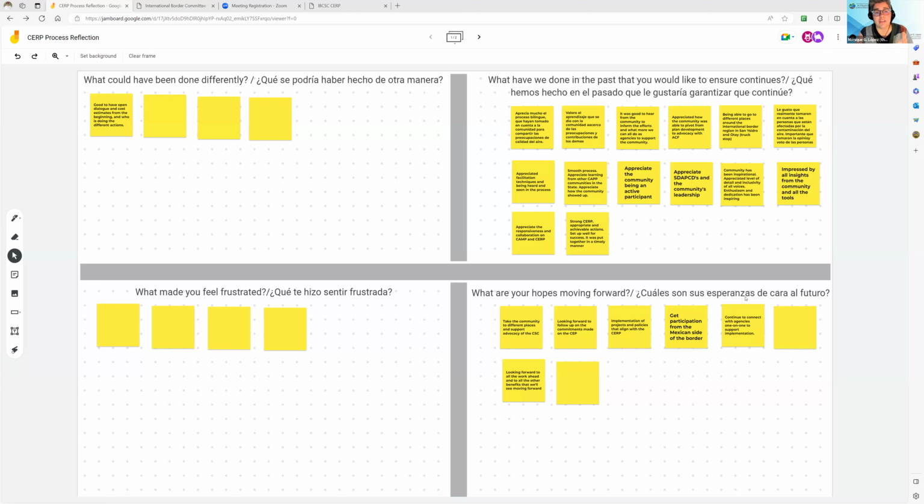So if things need to be corrected, how do we work together to make corrections? If things are working well, how do we ensure that we continue those things, moving forward as well? So again, feel free to add more to this. It'll serve as our compass as we move forward into implementation as well.